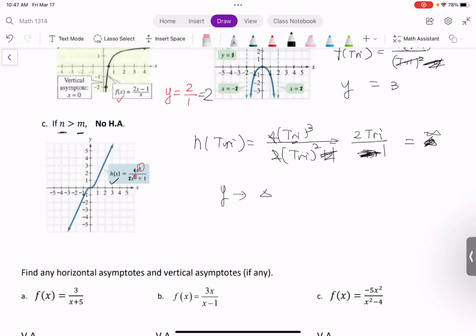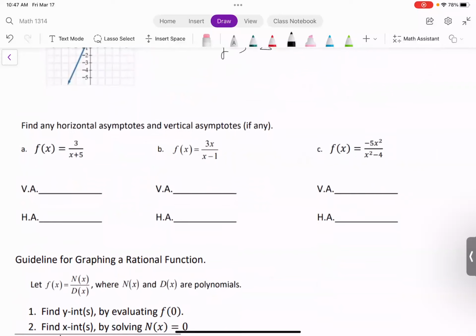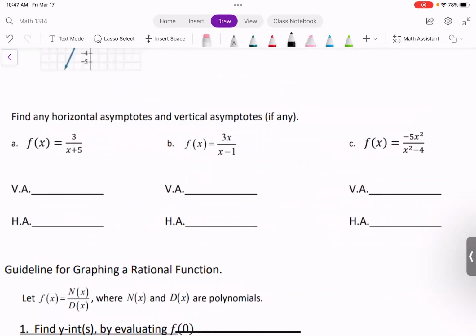All right, let's see. Find any horizontal asymptotes and vertical asymptotes, if any. For horizontal asymptotes we use the 3 rules, and for vertical asymptotes we set the bottom equal to 0. Let's see vertical asymptotes first.